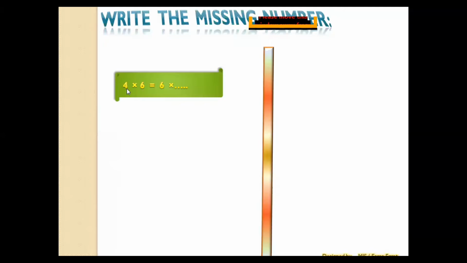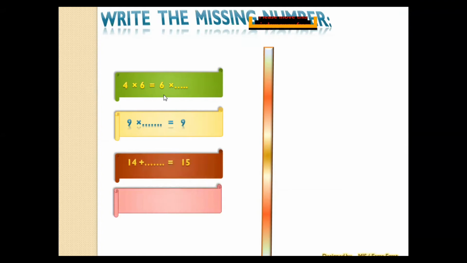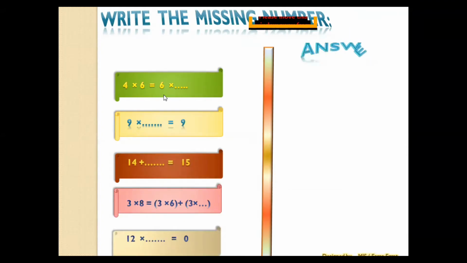When you write 4 first and then 6 second, it is the same product as when you write 6 first and then 4 second. So the missing number here is 4 because 4 by 6 equals 6 by 4. So the result here is 4.